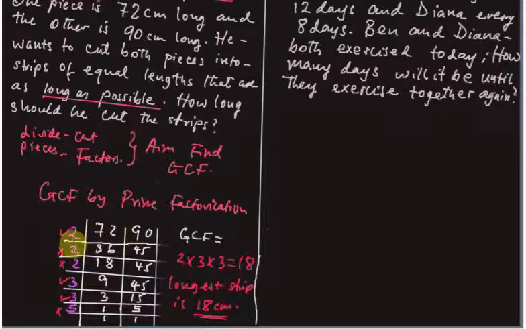72, 90 divided by 2 is 36, 45. So 2 was able to go through 72 and 90. By 2 again is 18, but it cannot go by 45, so we don't pick it because it wasn't able to divide 45. Same here, by 2 it is 9 and 45, so it was possible in 18 but not in 45.